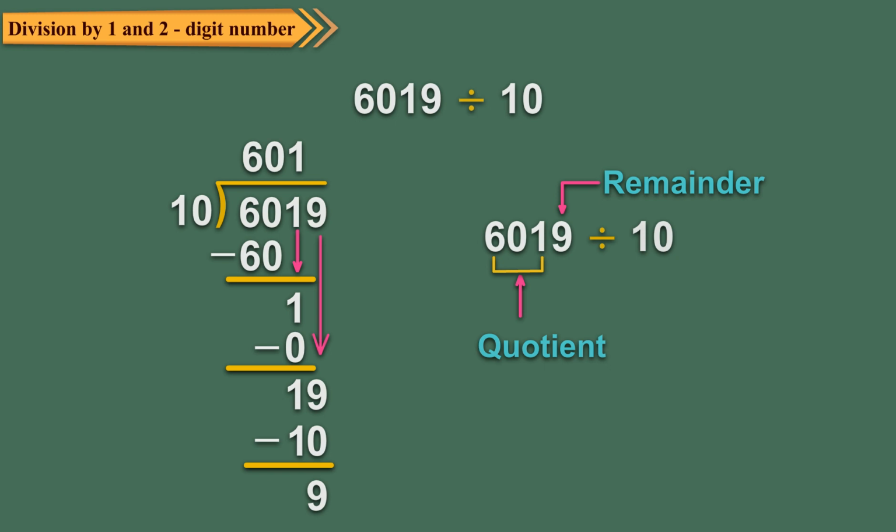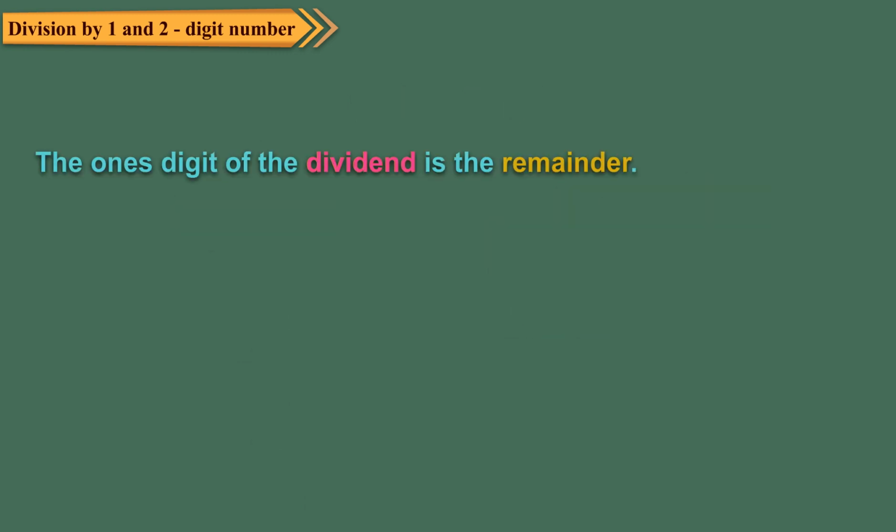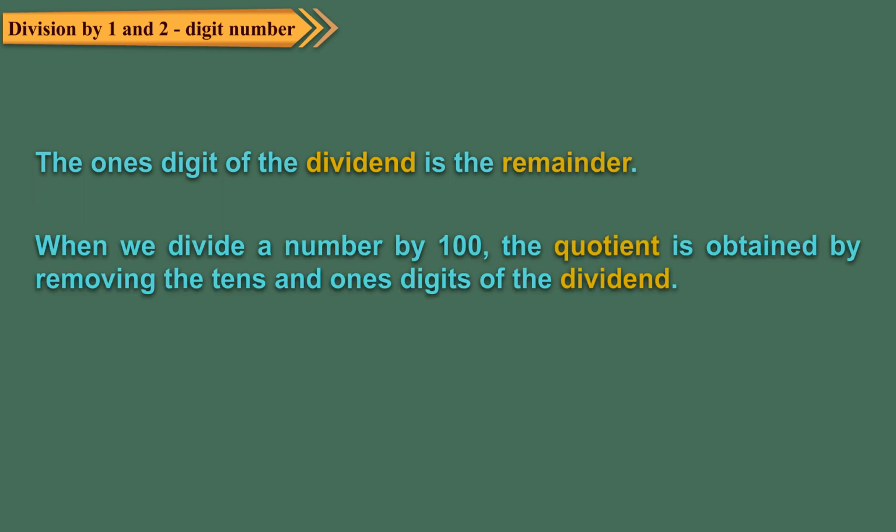From the above example, we can have the following rule. When a number or dividend is divided by 10, the quotient is obtained by removing the ones digit of the dividend. The ones digit of the dividend is the remainder. When we divide a number by 100, the quotient is obtained by removing the tens and ones digits of the dividend.